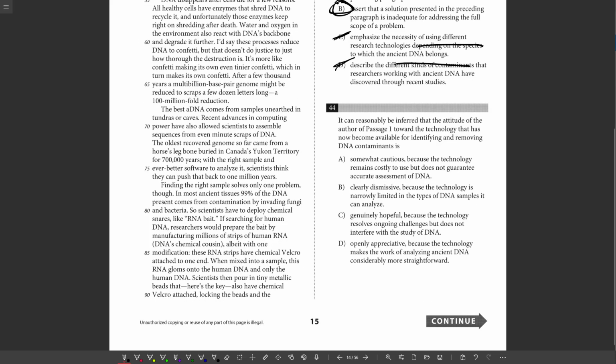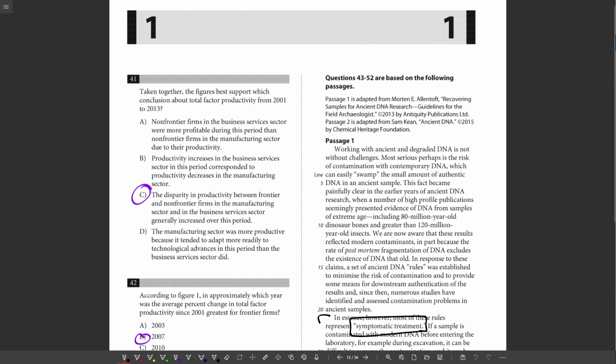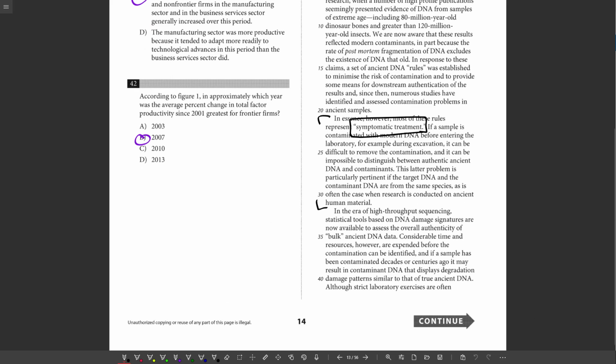44, 45. What is the author's attitude towards the technology available for identifying and removing DNA contaminants? And so we see this in the third paragraph. In the era of high-throughput sequencing, statistical tools based on DNA damage signatures are now available to assess the overall authenticity. So here's the tack. What does the author say about it?